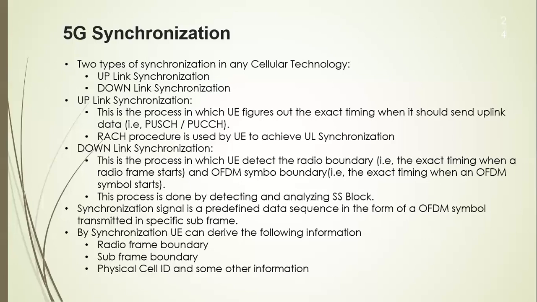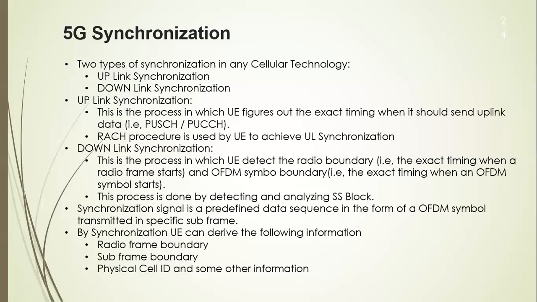In 5G, we call it the synchronization signal block, whereas in 4G we say synchronization signals. Basically we have two types: primary synchronization signal and secondary synchronization signal. Synchronization signals are nothing but a predefined sequence of data placed in a particular subframe, spread across a few OFDM symbols.